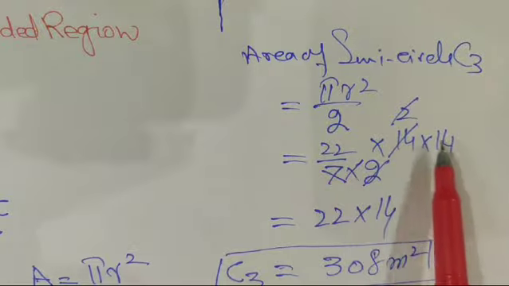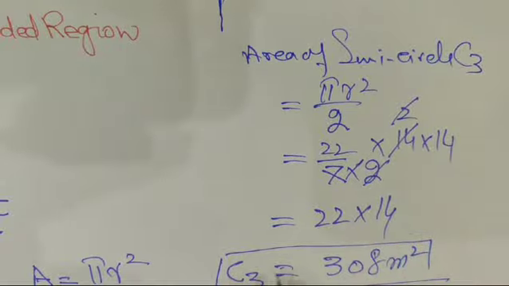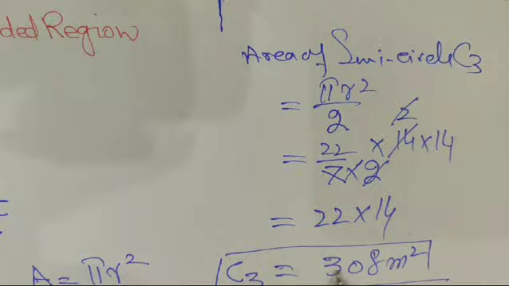So 22 into 14, this is the area of C3, that is 308 meter square.